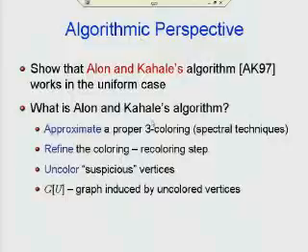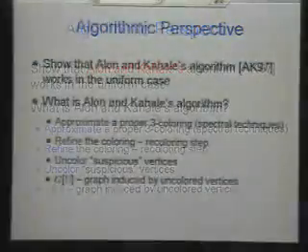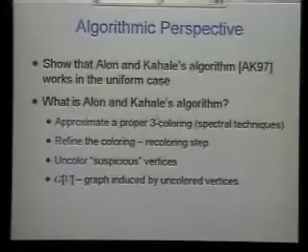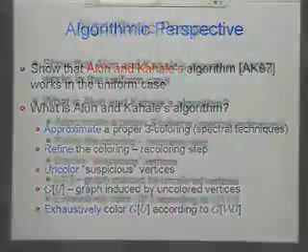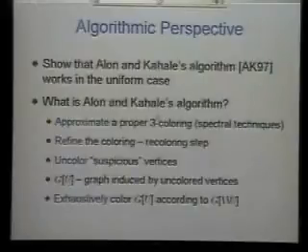The graph is not colored yet, but you know that you can extend it. And luckily, enough vertices are colored so that the graph induced by the non-colored vertices is easy. That is, the connected components are logarithmic, and you can just exhaustively search it. This is their algorithm.